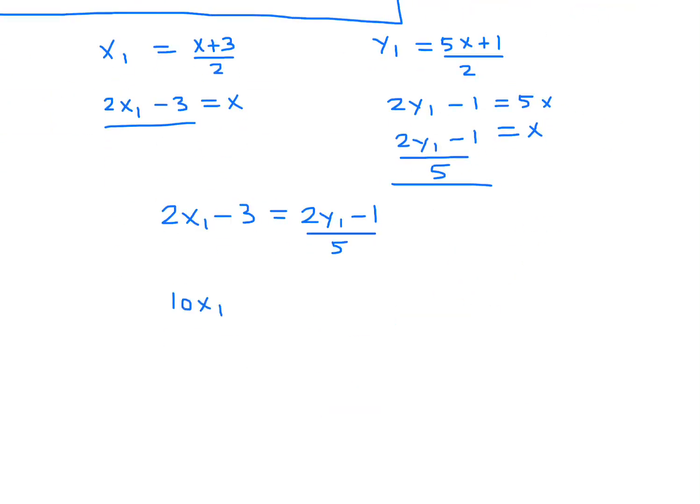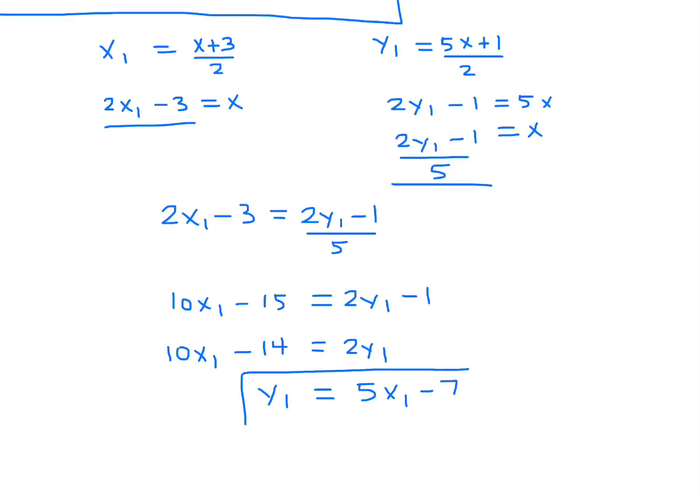Cross multiply and you get 10x1 minus 15 is equal to 2y1 minus 1. 2y1 is equal to 10x1 minus, add 1 to both sides, so you get minus 14. And finally, if you divide through by 2, you'll get 5x1 minus 7. So this is the equation of the line that M is on.